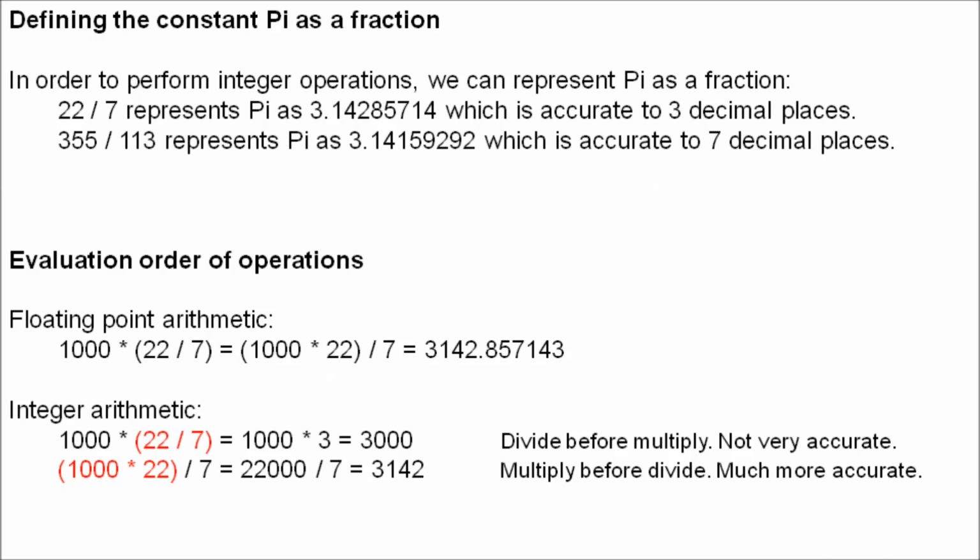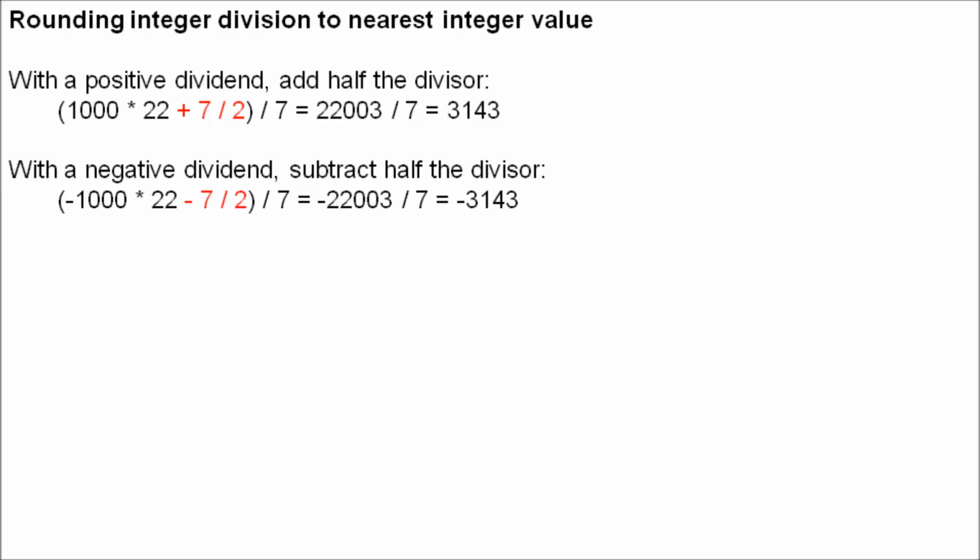In order to keep the integer rounding error to a minimum, the expression should be arranged such that the division operation is the last operation to be performed. When C performs an integer division operation, the result is rounded towards 0, and this applies to both positive and negative values.